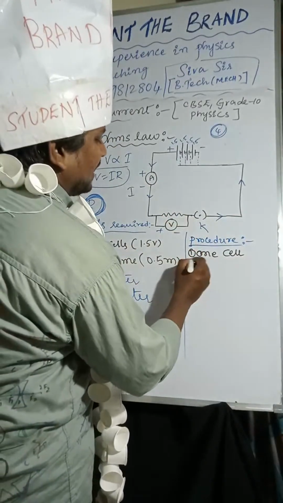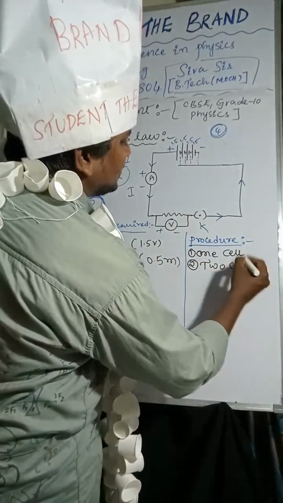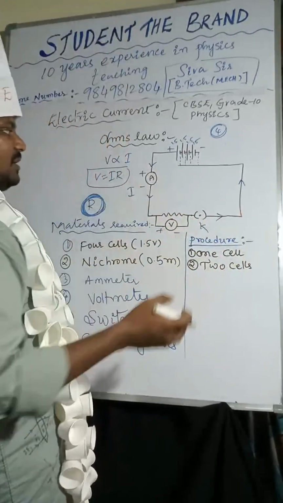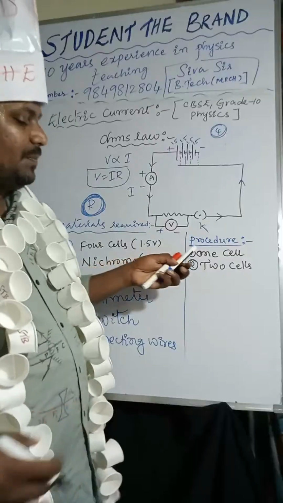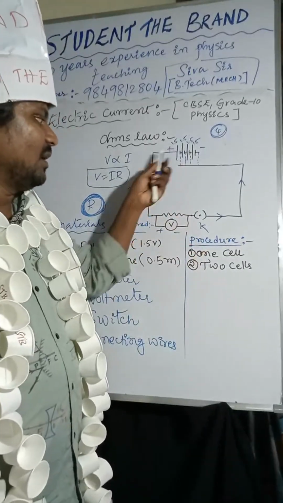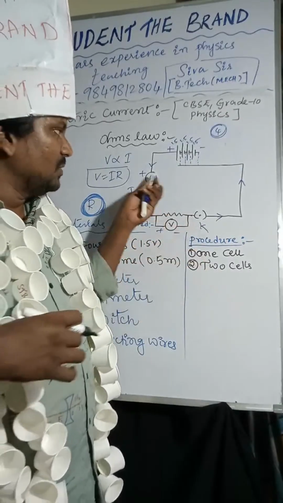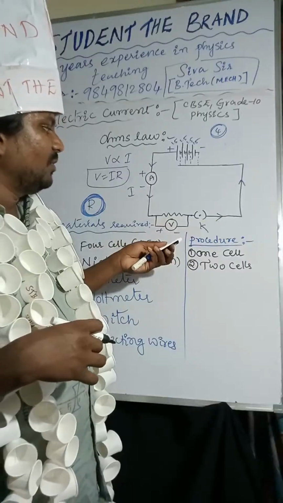And the second one, connect two cells, and again note down the reading of the ammeter and voltmeter. So the procedure is: connect one cell in the circuit first and note down the reading of the ammeter and voltmeter. Next, connect two cells and note down the readings of the ammeter and voltmeter.